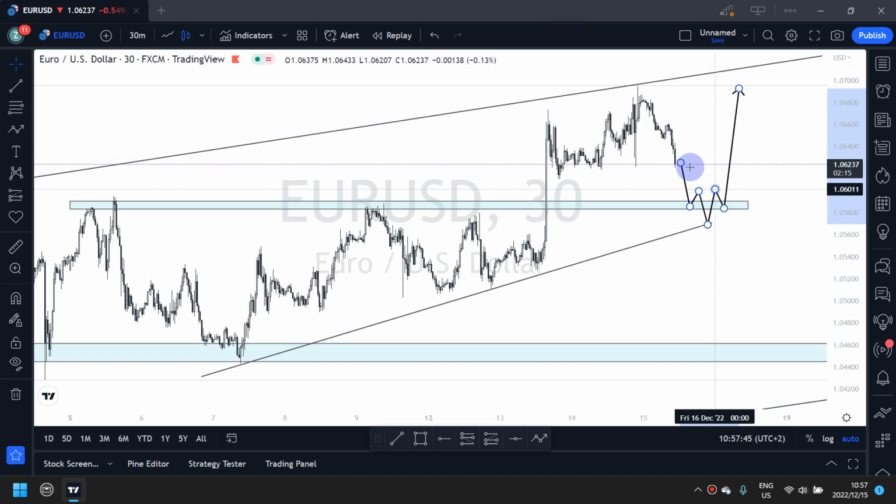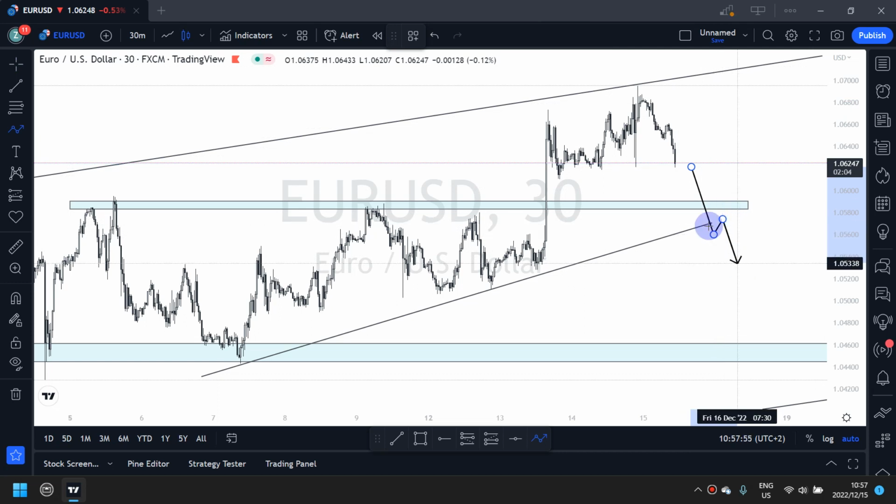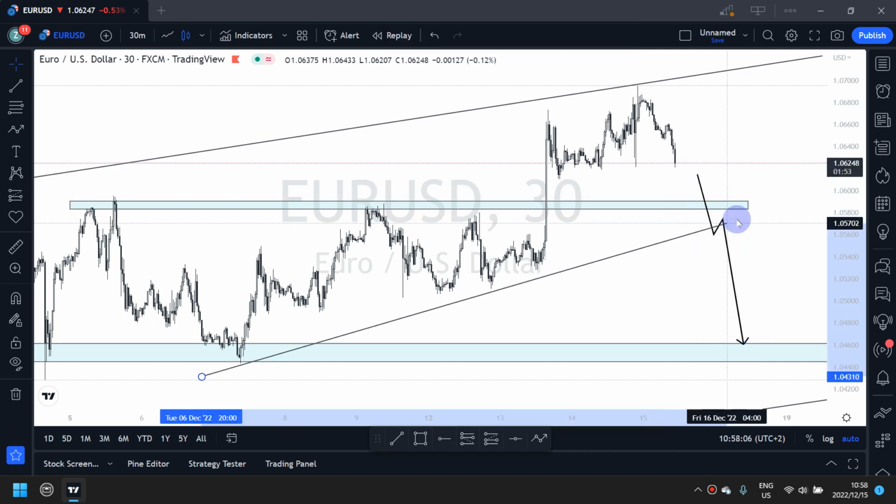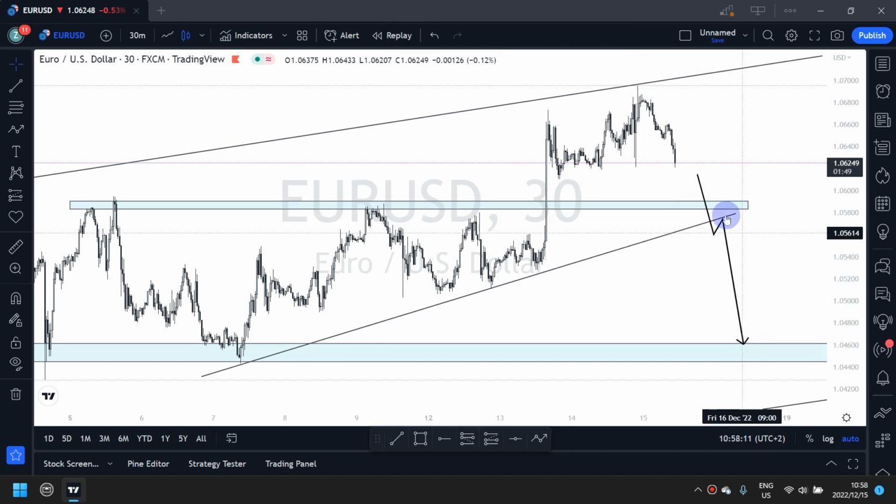I would expect the market to quickly push to the downside, breakout, and retest our trend line there and also our zone, and then basically from there push to the downside. And so I would confirm the trade by a breakout and a retest on both my zone and also my trend line.